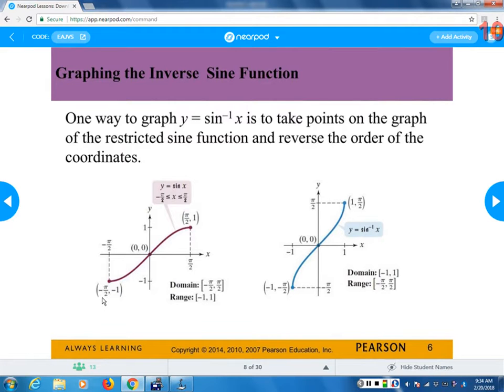So minus pi over 2, minus 1 becomes minus 1, minus pi over 2. So this is y equals inverse sine of x over here. That's what the next slide says, that we can reverse the order of the coordinates.